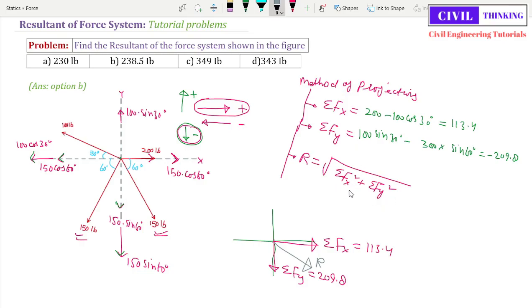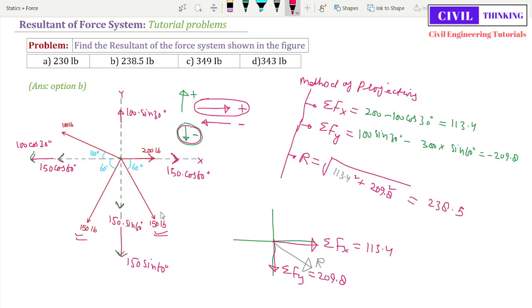Summation of Fx is 113.4, and summation of Fy is 209.8, squared. Let me use a calculator. Okay, I get the resultant to be approximately 238.5 pounds. So we found the resultant of this concurrent force system using the method of projections.